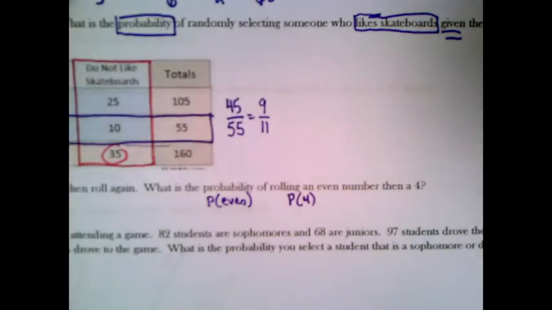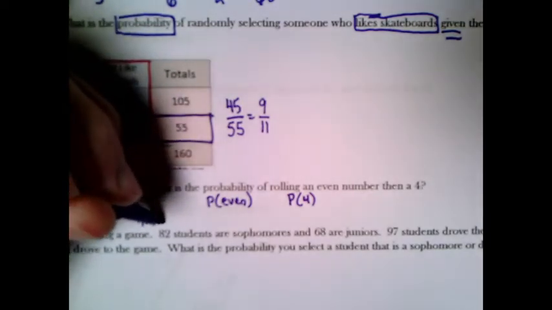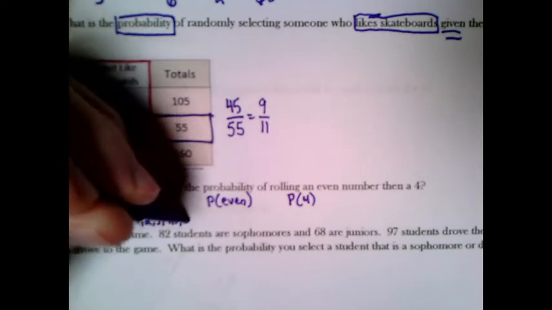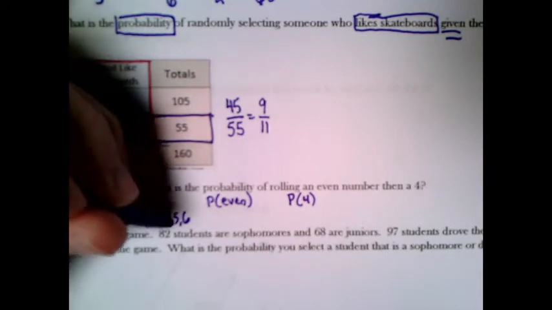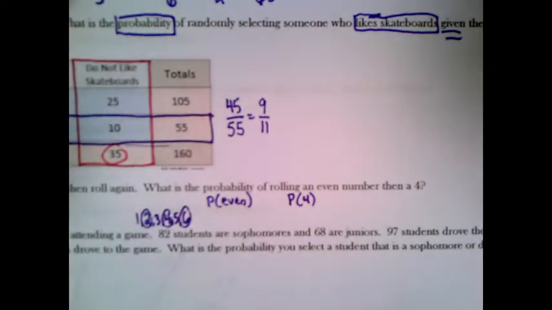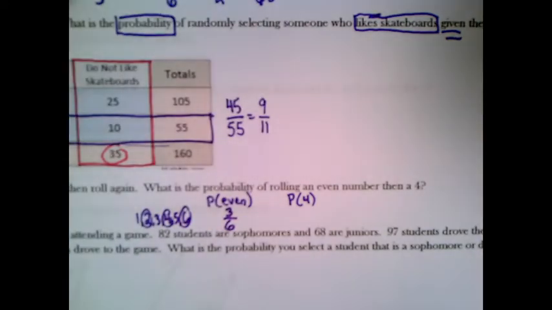Okay. Well, the probability of an even number is, let's think about it on a die. There's 6 numbers on a die, but there's only 3 that are even. So there's 3 that we want out of the 6 total.